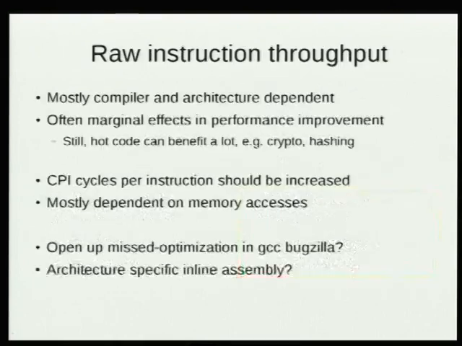Okay. So raw instruction throughput is the next topic I want to show for a short time. Normally it does not give that much of a performance boost in the kernel, but sometimes it does, for example in very often called code, crypto or hashing, where you have tight loops which execute over the memory very often. Then you should try to optimize the code path a bit.